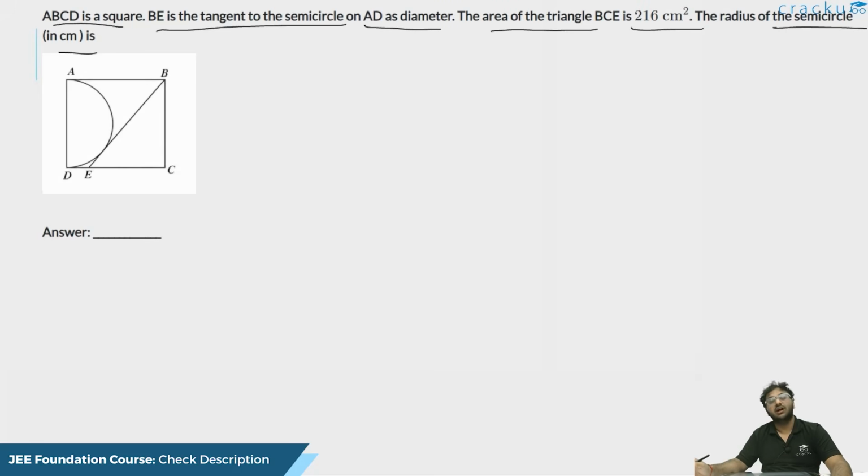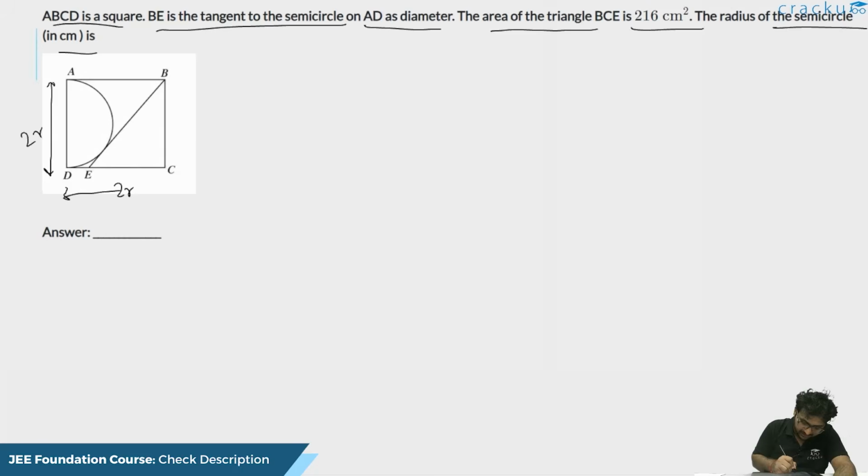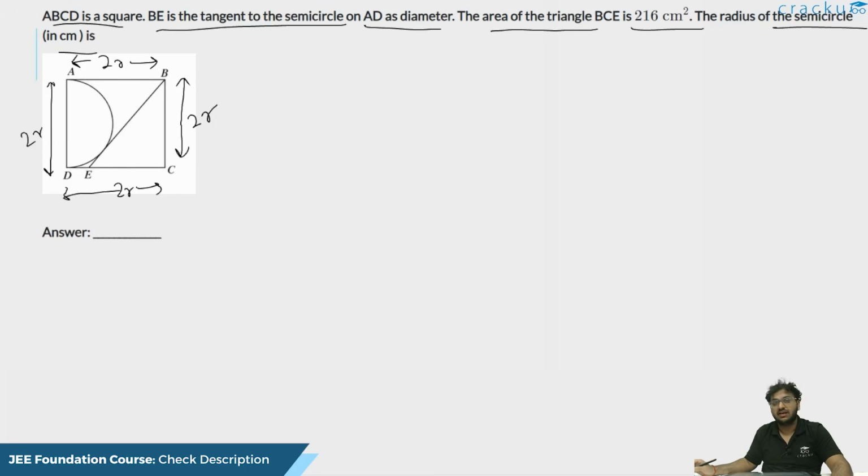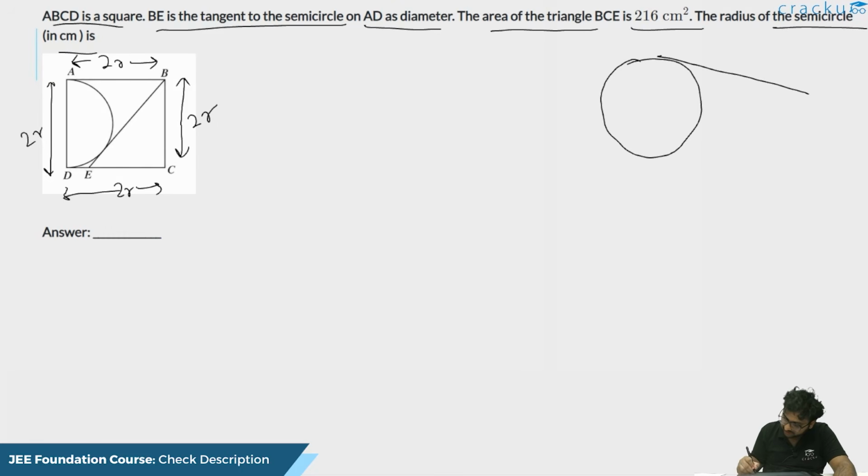So let the side length of this square be equal to 2r. So this is 2r, this is 2r. AB will be equal to 2r and BC will be equal to 2r. Now we know whenever tangents are drawn from a point to a circle, let these be x, y, z, we know that xy equals xz.